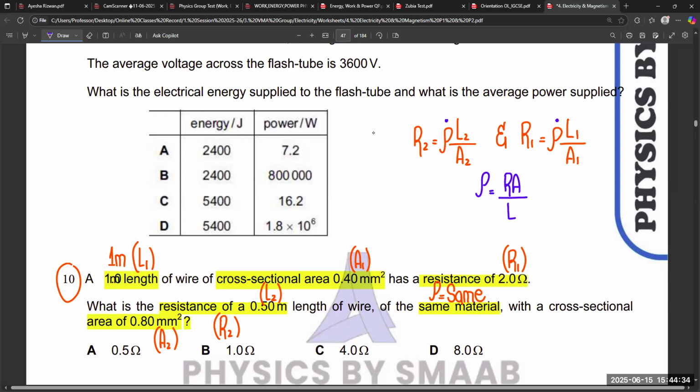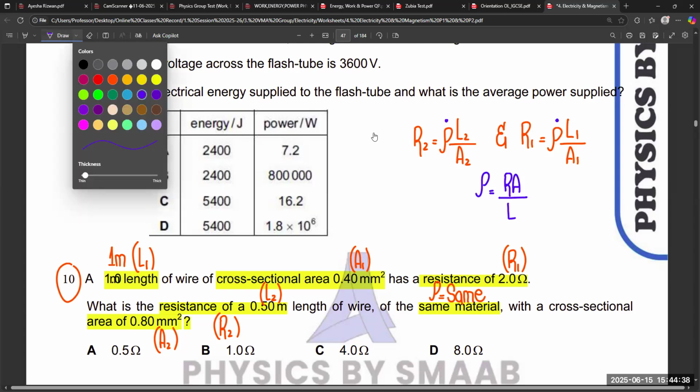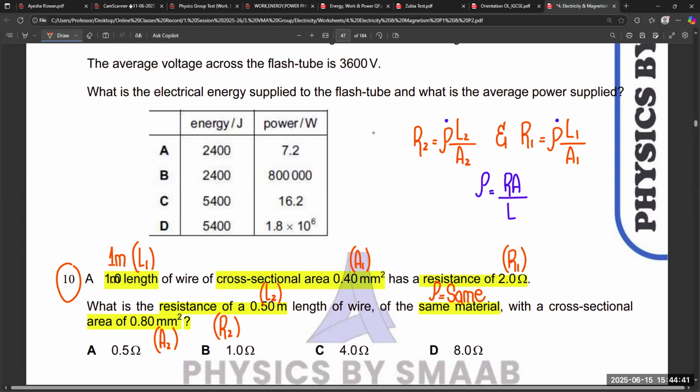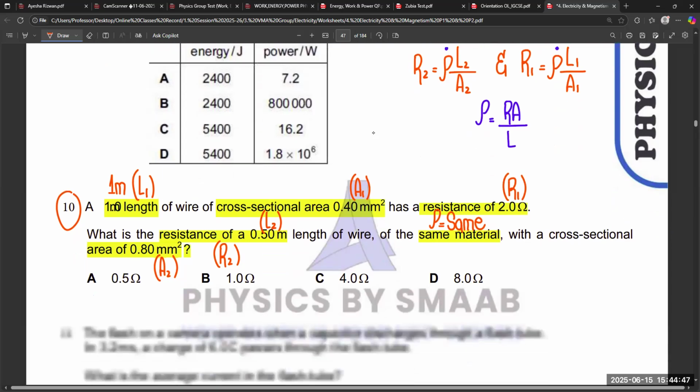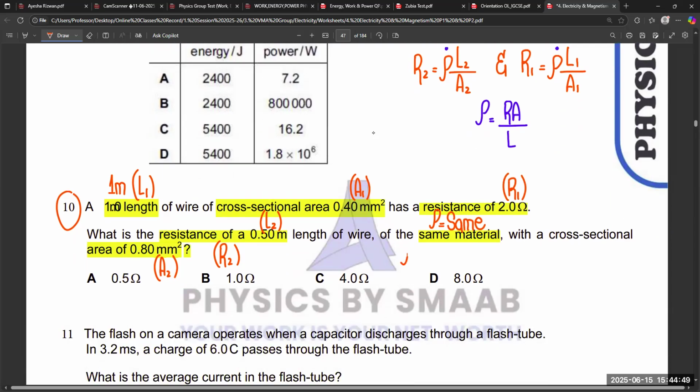Ra over L, right? So when we have this quantity constant, we can relate R1 A1 over L1 equals R2 A2 over L2, because we have the same resistivity.